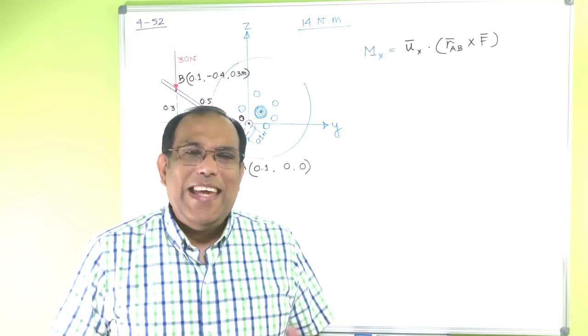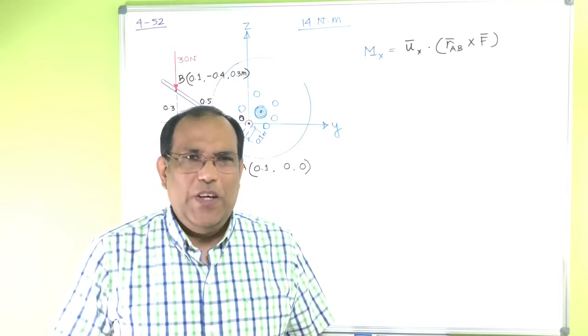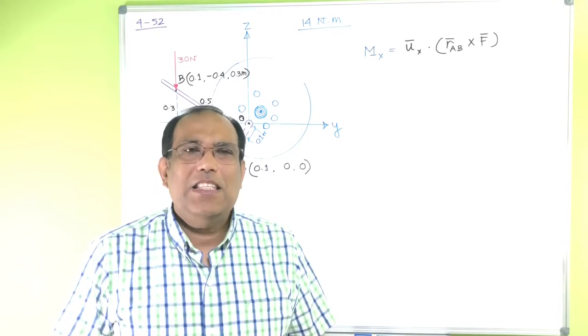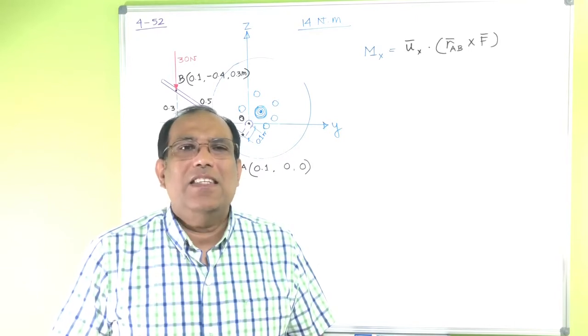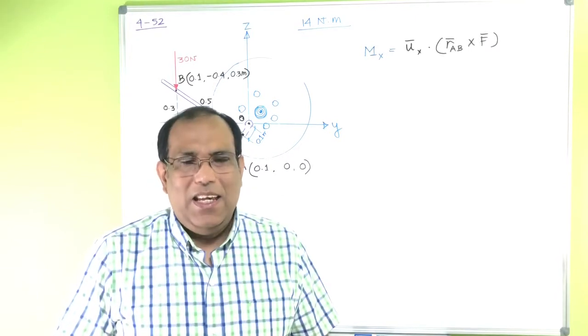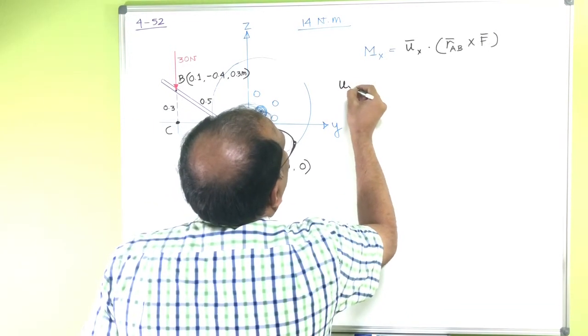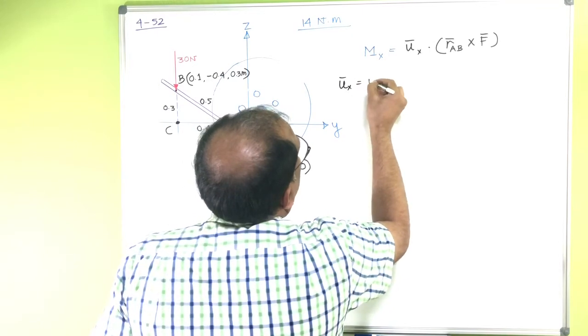Similarly, any axis parallel to the y-axis has unit vector j, and any axis parallel to the z-axis has unit vector k. So you can see that ux here is equal to just i.